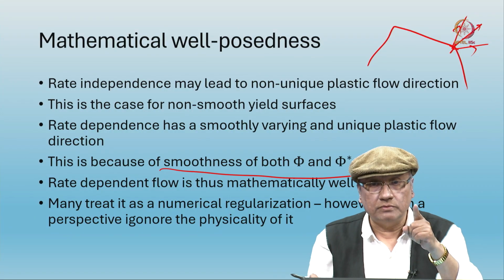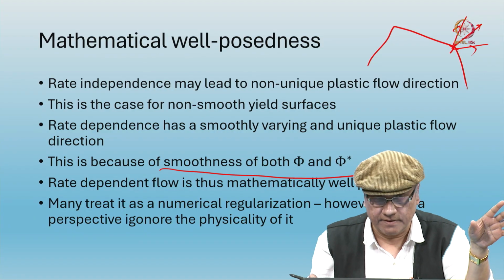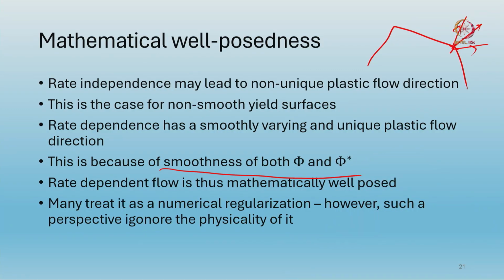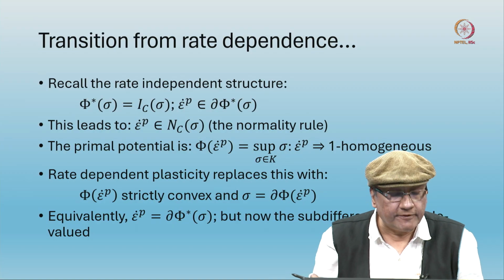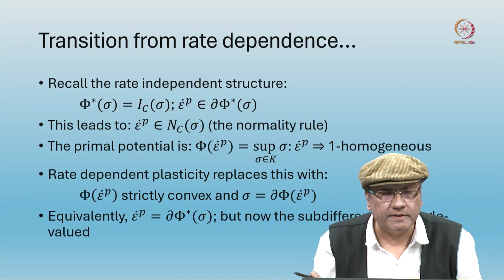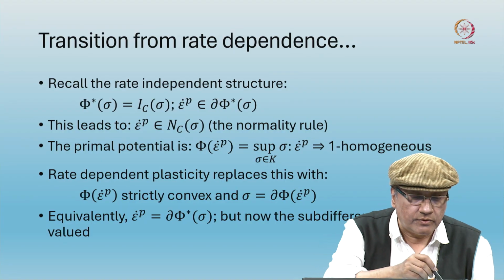This is true provided you completely discard the physical aspect of it. What I mean is that rate dependence is physically meaningful as well, which we have already seen, right.